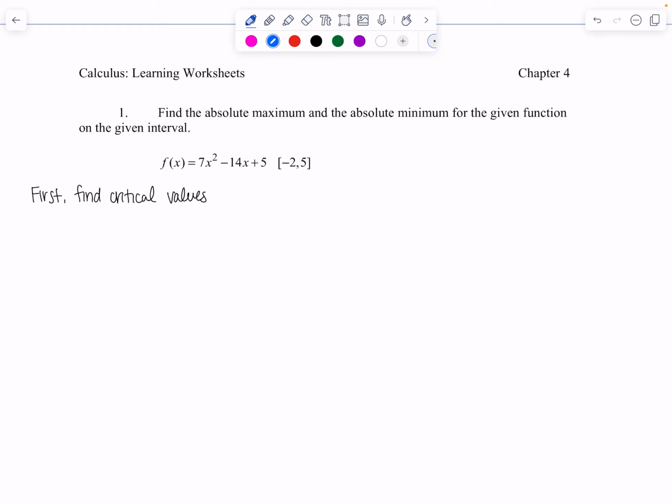We'll take our derivative. The derivative of 7x squared is 14x, minus 14x would be minus 14, and plus 5 is 0. Our critical values are where this equals 0. So 14x equals 14, x equals 1. And then we want to calculate the function value, not only at this critical value, but at the endpoints as well.